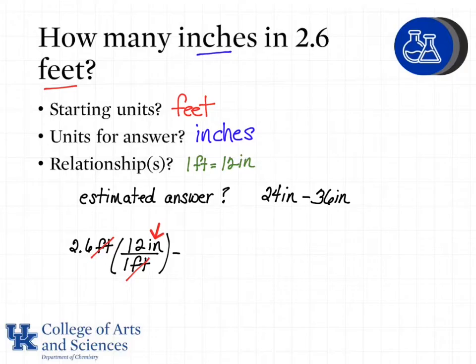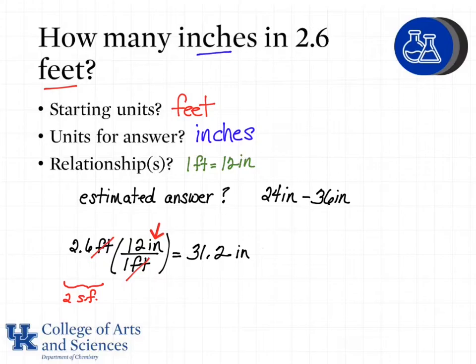Now that we see that our units are correct for our answer, we can do the calculation to determine the numerical answer. 2.6 times 12 gives us 31.2 inches. With every problem, we have to look at significant figures. When we look at the 2.6, we see that it has 2 sig figs.